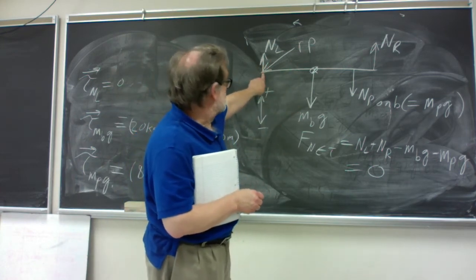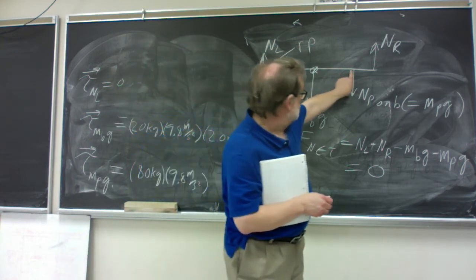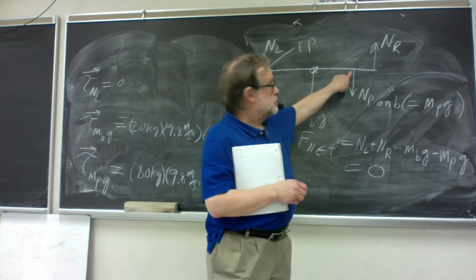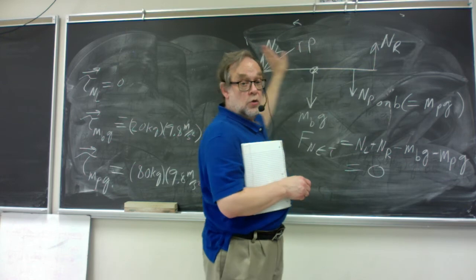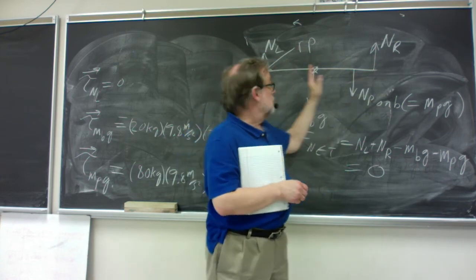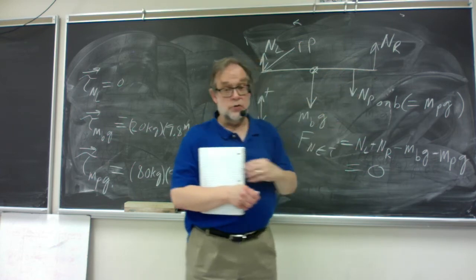Displacement vector takes us from the reference point to the place where the force is applied. From here to here is 3/4 of the way along this 4-meter board. Remember, this was 1 meter, so this distance is 3 meters.